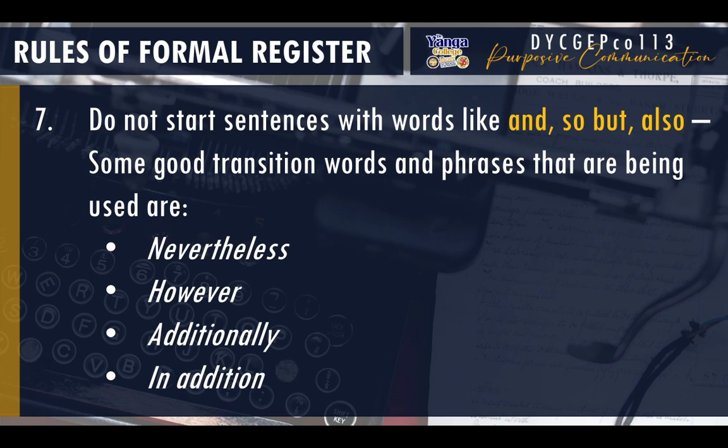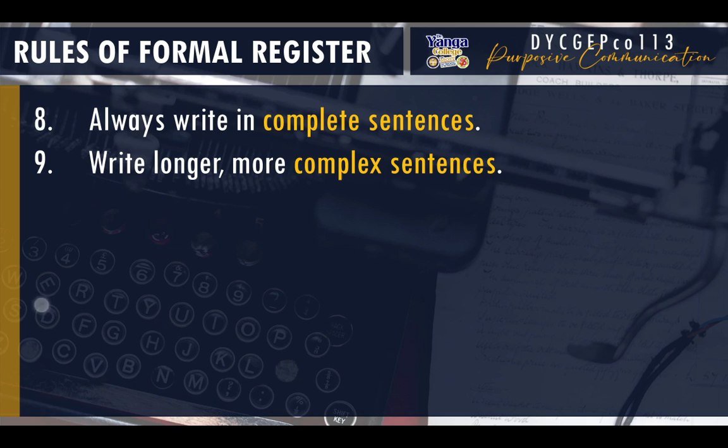And then additionally, in addition, when you're adding more information. So, pwede mo rin palitan yan ng moreover, furthermore. So, there are a lot of transitional words and phrases that you can use in formal writing. Pwede nyo i-search yan sa internet, like, look for formal transitional words for essays, mga ganon. Madami yan. Yung mga consequently, conversely, on the other hand, mga ganon.